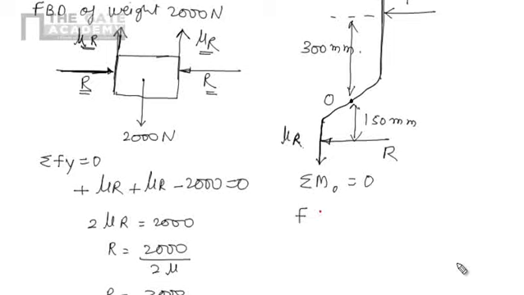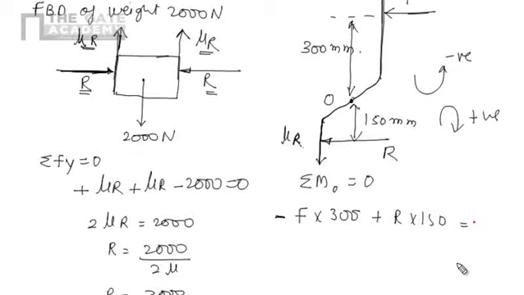So the moment due to F at point O will be F into 300, in the anti-clockwise direction. According to our sign convention, anti-clockwise is negative and clockwise is positive. So minus F into 300. Similarly, for this R, the moment due to R into 150 is in the clockwise direction, so positive.